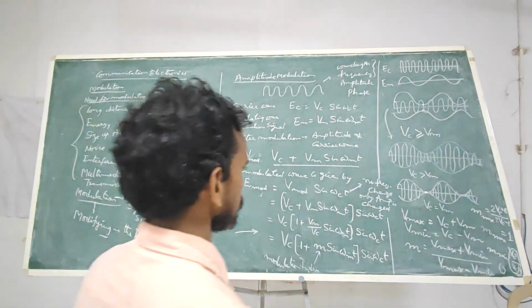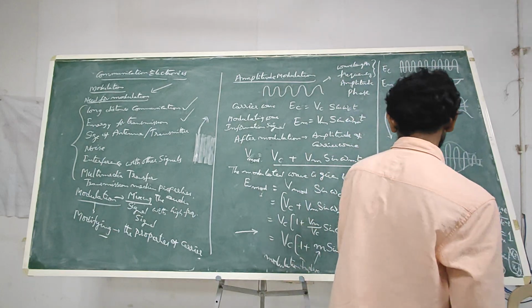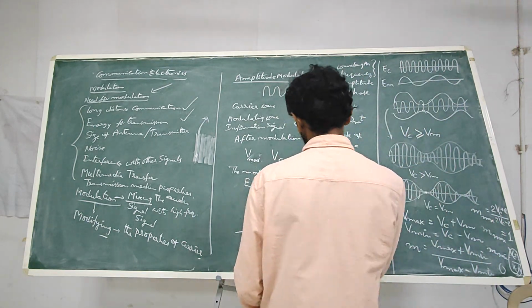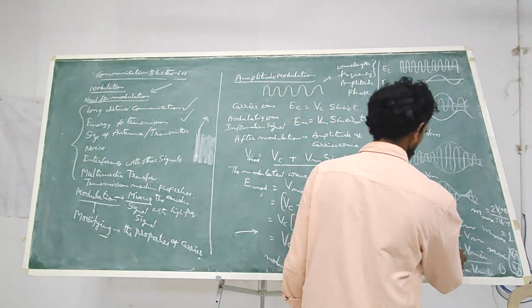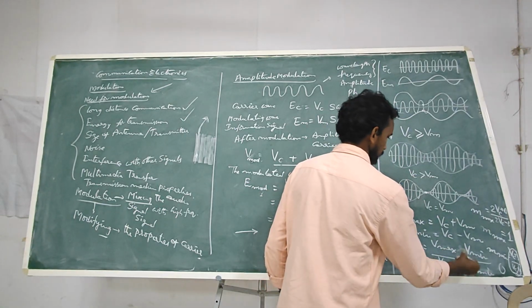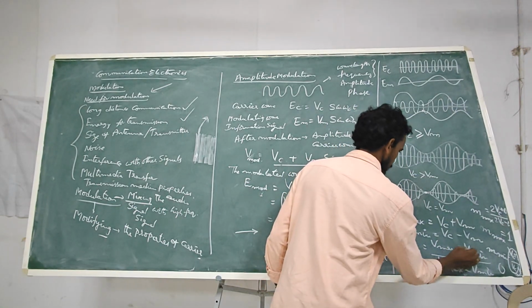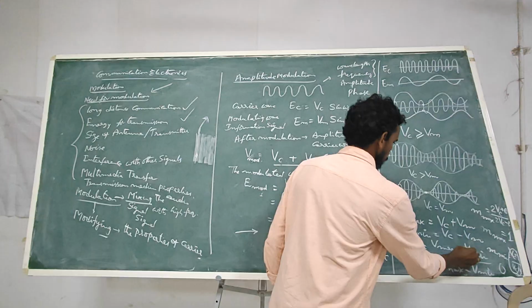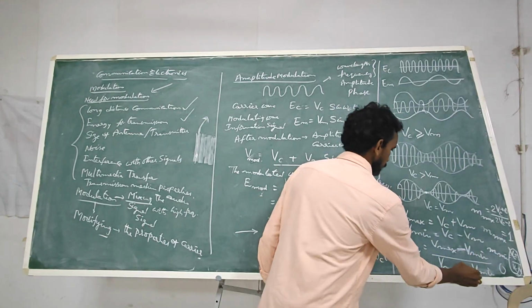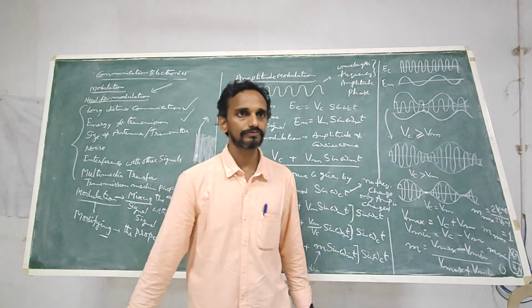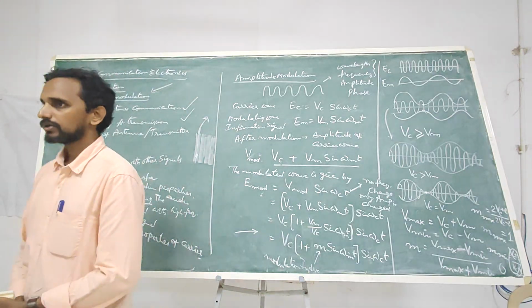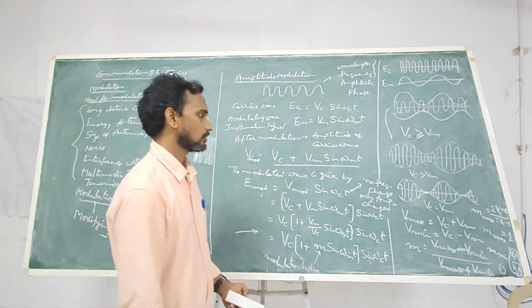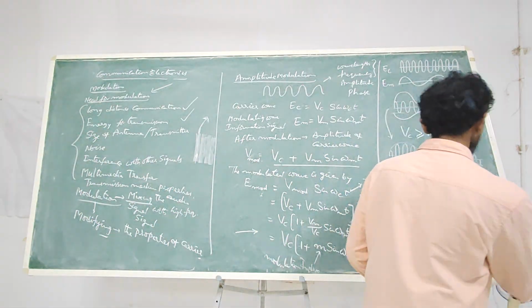So we wrote this equation in reverse. It is Vm by Vc. So the negative sign comes in the numerator. When you subtract, you will get twice Vm, and when you add, you will get twice Vc. So M minimum is 0.